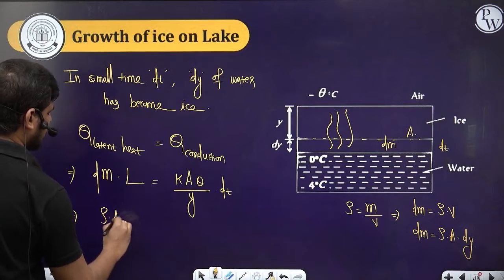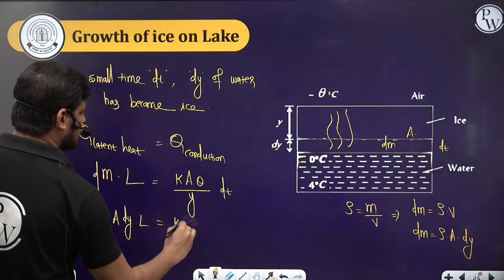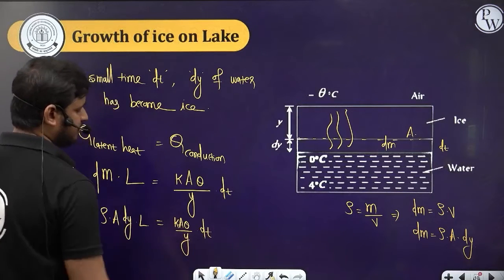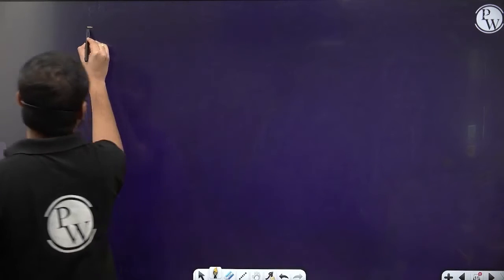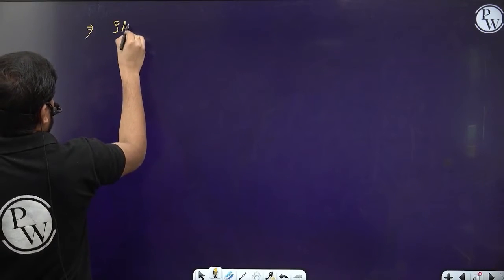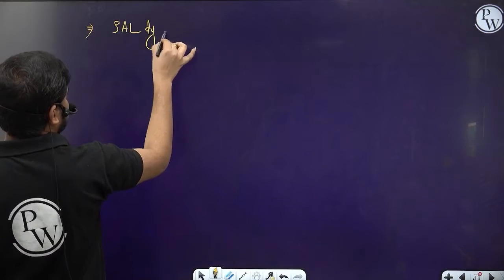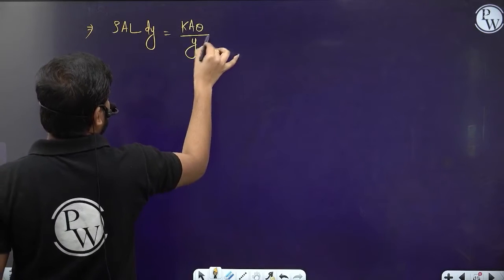So rho A dy into L is equal to K A theta by y into dt. So rho A L into dy is equal to K A theta by y into dt.